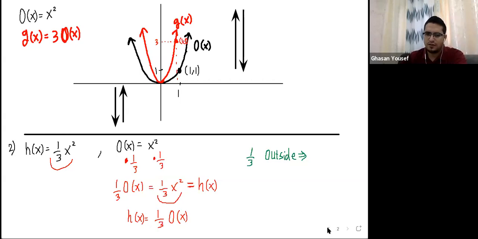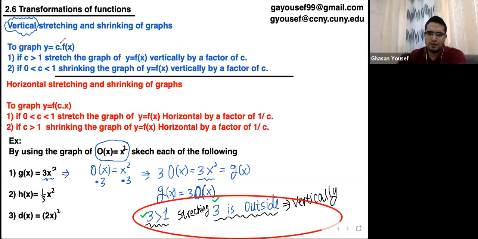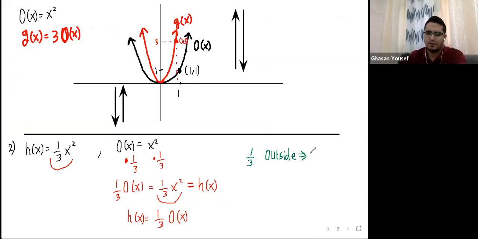I think it's vertical. Vertical, look, if you go back to the rules, the C is outside the function, so it's vertical. But if the number is inside the parentheses, it means horizontal. My number 1 over 3 is outside the parentheses, so vertical. So I should write here vertically, up and down.